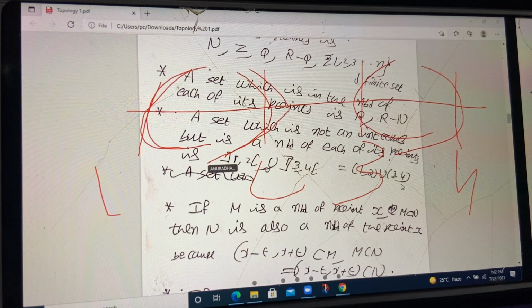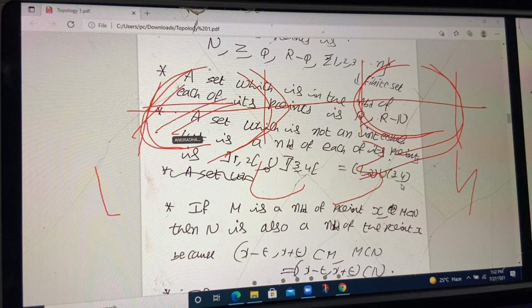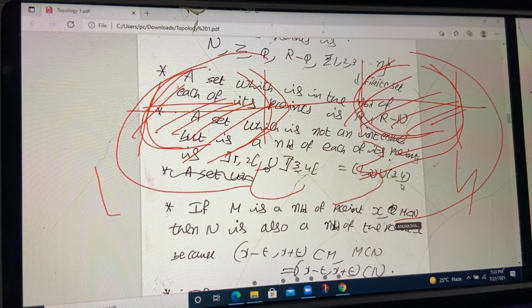So the union of (1, 2) and (3, 4) means all real numbers here and all real numbers here. But (1, 4) means we have to include from here to here in total. But (2, 3) is not included. So we cannot write it as (1, 4). It is a union of intervals.